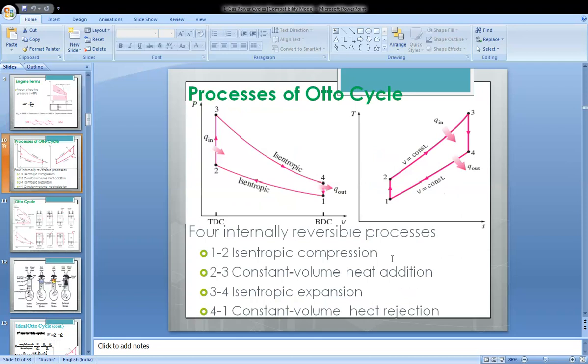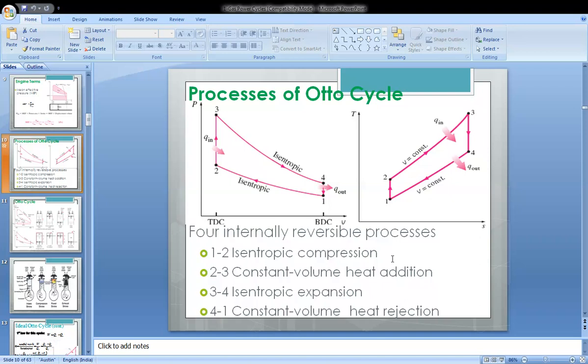And these are the Otto cycle operations. Let us observe the PV diagram and the TS diagram here. The Otto cycle consists of four operations: two constant volume operations and two isentropic operations.